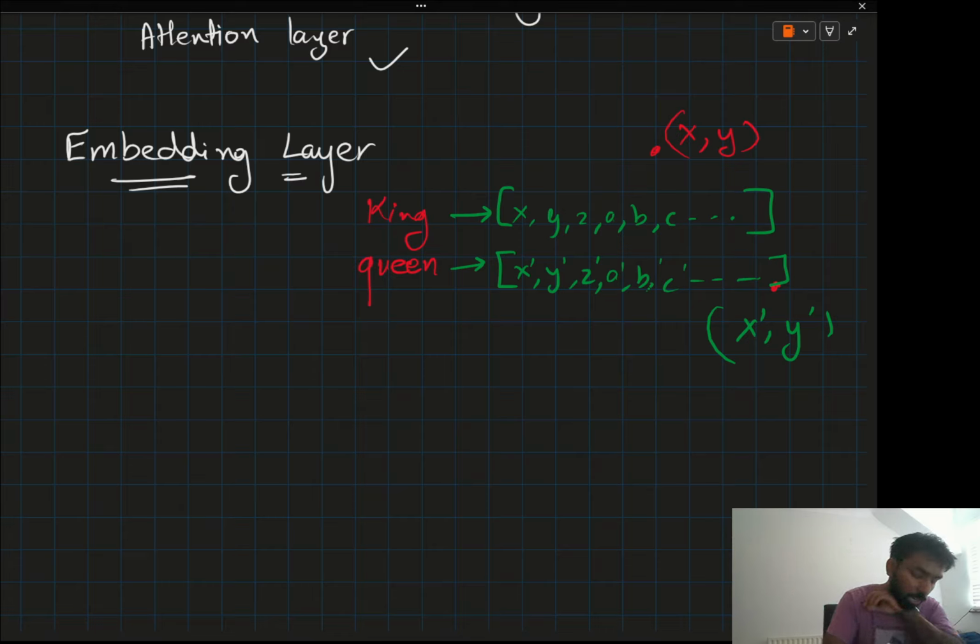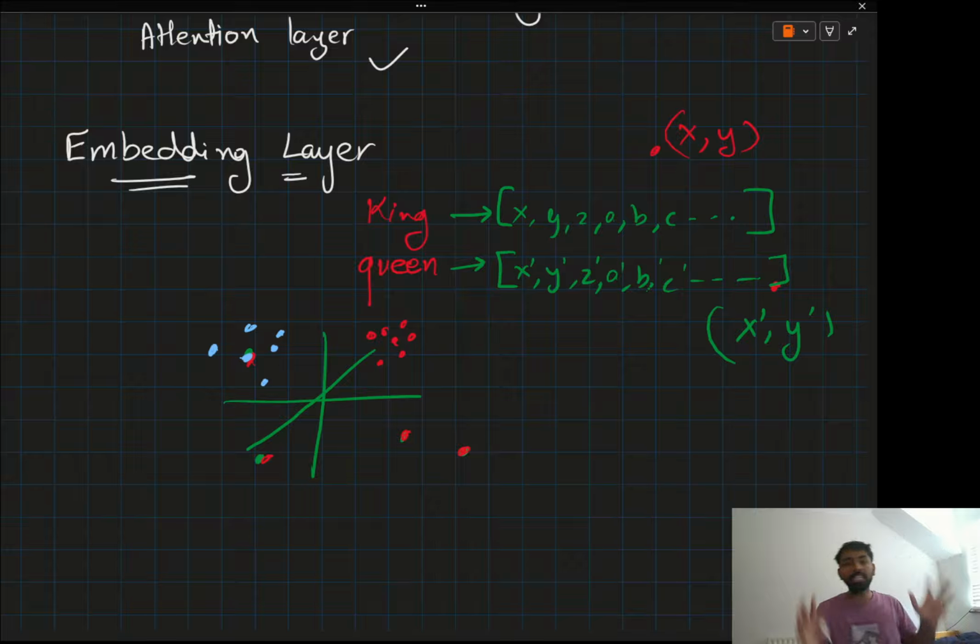So what I'm trying to do is create a vector space where closer words are placed nearby to each other and opposite words are placed far from each other, right? This entire space is called the embedding vector space.